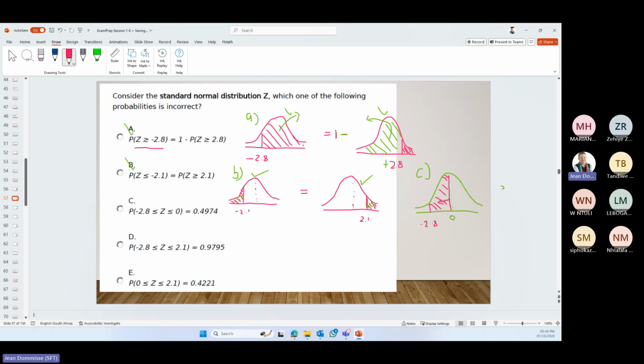Unfortunately with this one, we will need to go to your Z table. There's nothing that we can do about it. There are a few ways that we can do that. Let me quickly get to the Z table. Where have I saved that now?